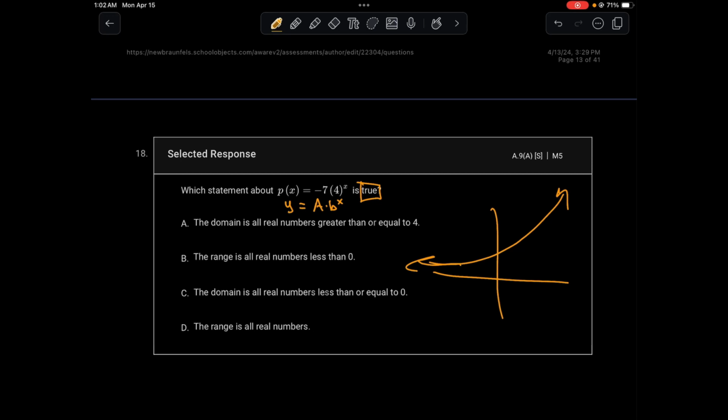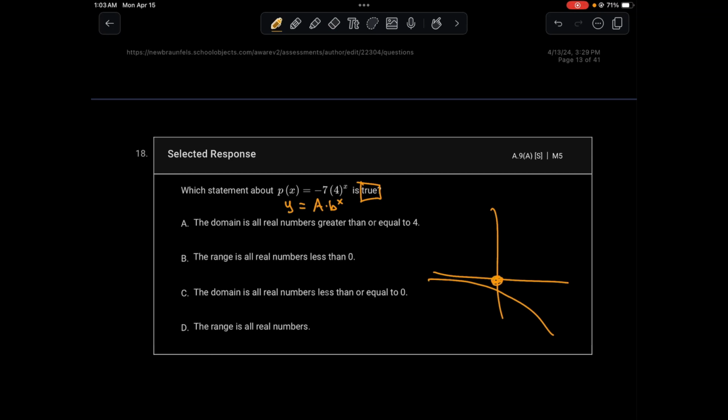Now the range, do you know for sure? The domain is all real numbers. The range is going to be above 0 or below 0. So the range is going to start at 0. If it goes like this, it's going to be above 0. But because the exponential cannot touch the ground, it's going to exclude 0. What if it was a different exponential that was like that?